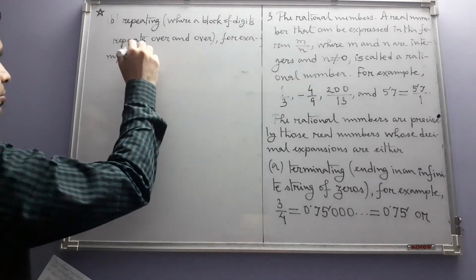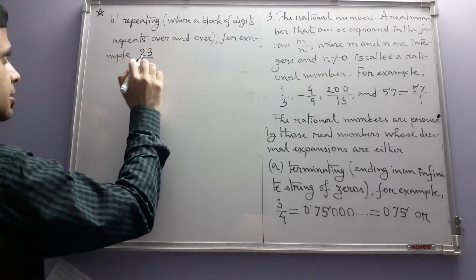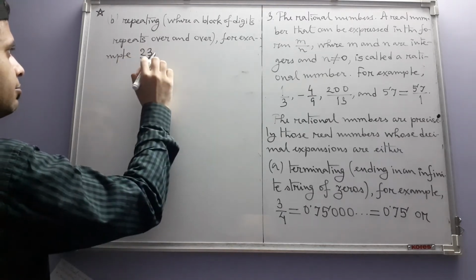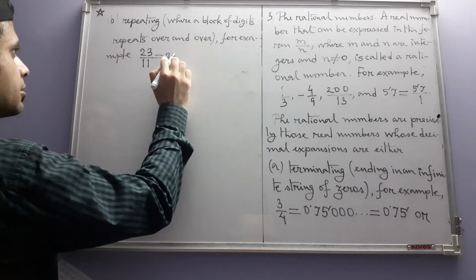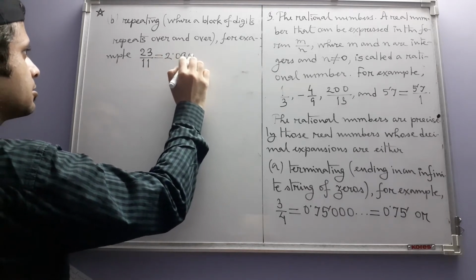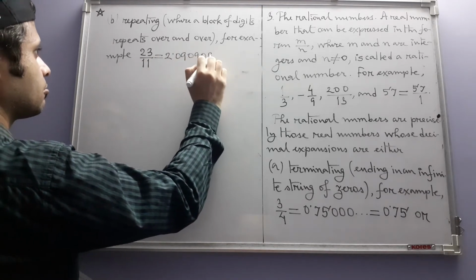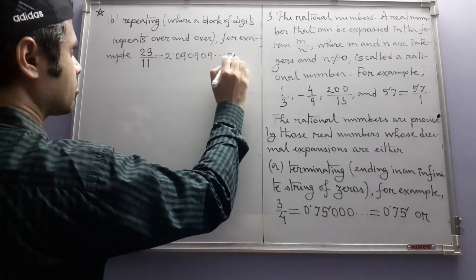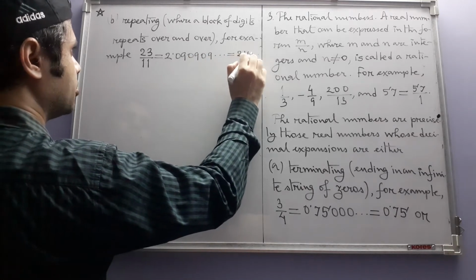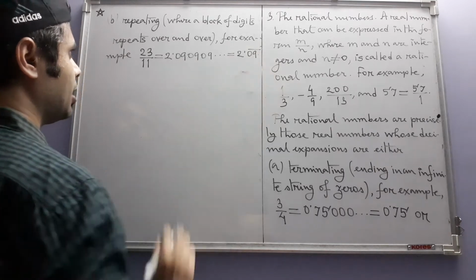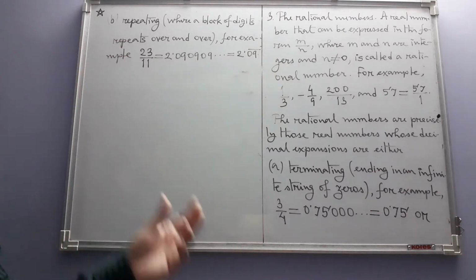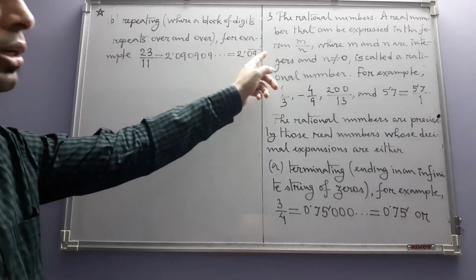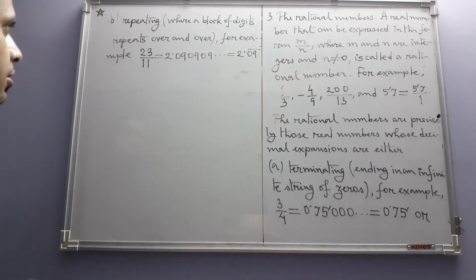Here they have provided an example where division by 11 has been done. It turns out to be like this: 2.09 bar. We often indicate the block of repeating digits by putting a bar over that block.